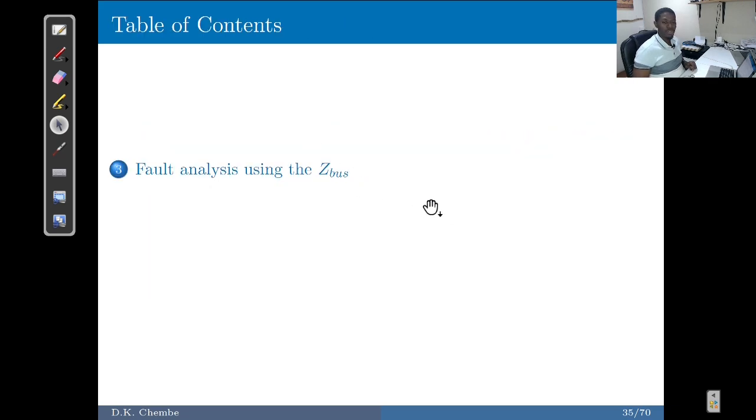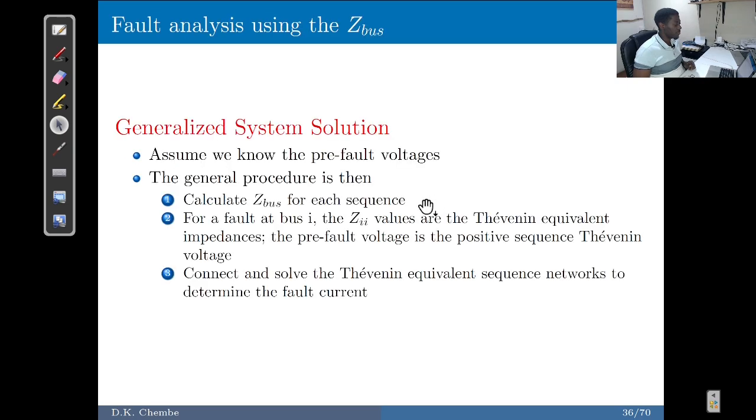Now, when we start using the Z bus to analyze these types of faults, we have to understand the following. First of all, using the Z bus is a generalized format.